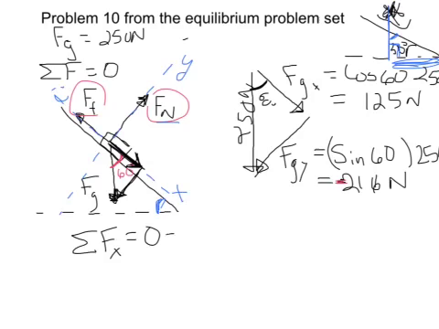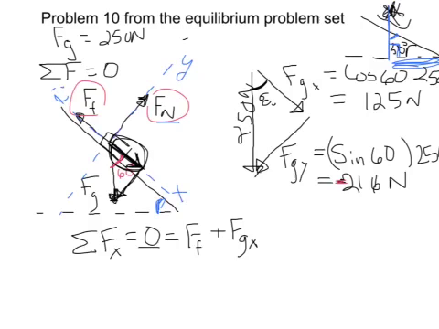So this means that if I take my forces in the x direction, which include the frictional force and that little component of gravity that's in the x direction, so plus FGX, it's going to have to add up to 0.